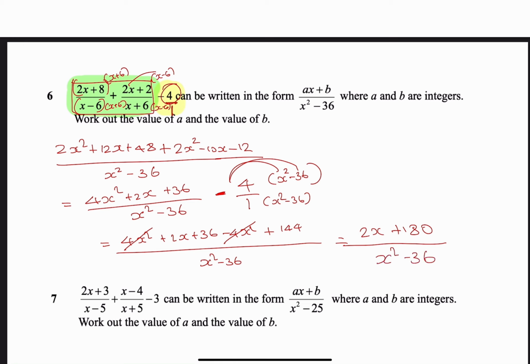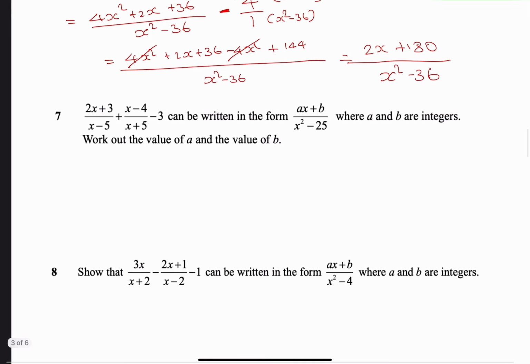That's it. I always tend to see if I can divide these by a number. No, really, you can't divide those by a number. It's fine. Work out the value of a and b. So what is a? How many x? a is 2. b is just the number in here, which is 180.